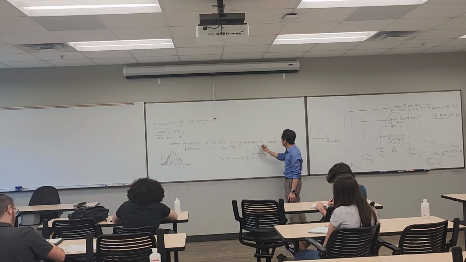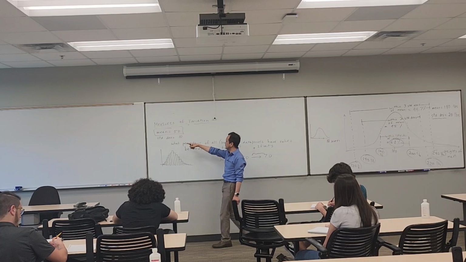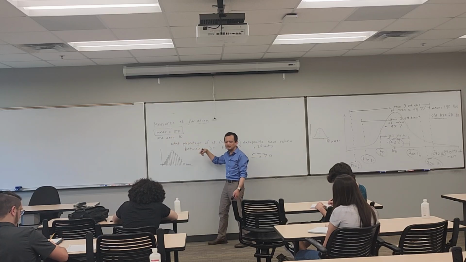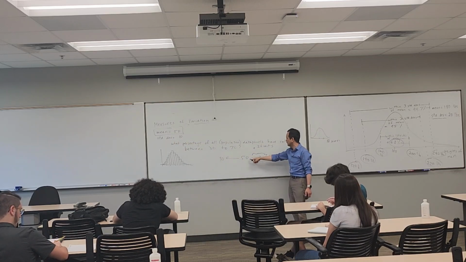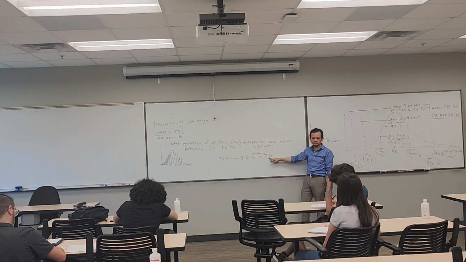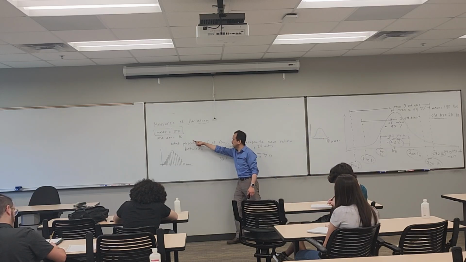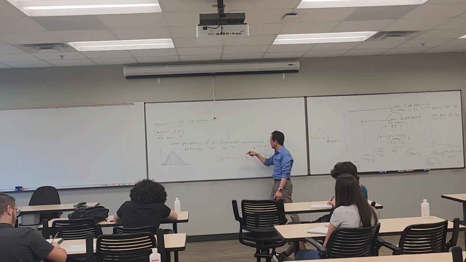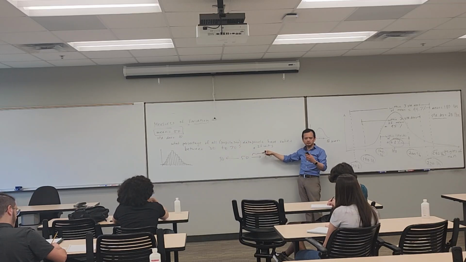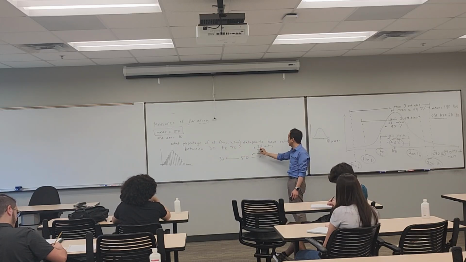Yeah, 20 units. But we know that each one standard deviation has 10 units. So how many standard deviations are we traveling from the mean to this boundary point of 70? Yeah, 2. Because there are 10 units in each one standard deviation, 20 units would constitute 2 standard deviations.